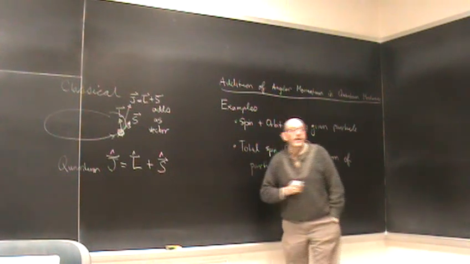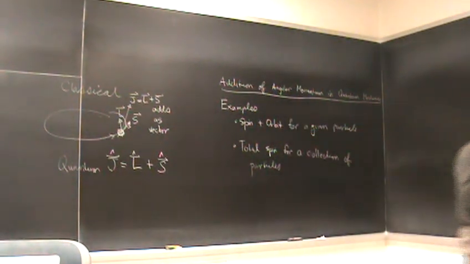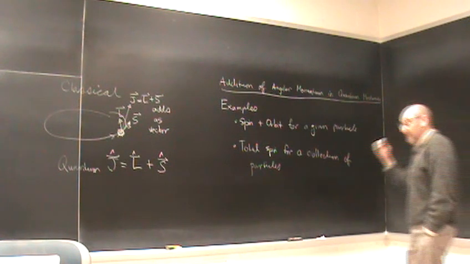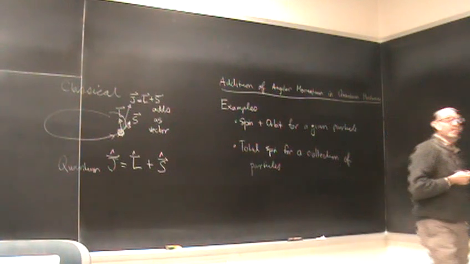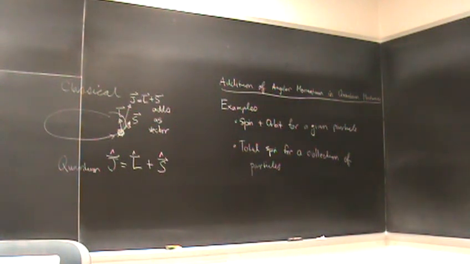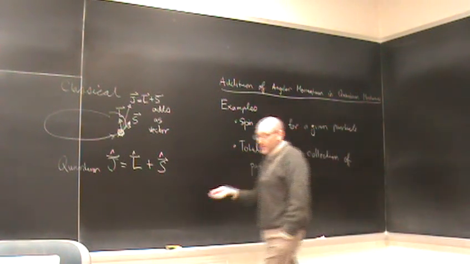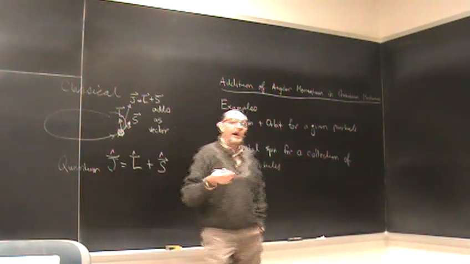So for example, if we're thinking about helium, we have 2 electrons, and we have to think about the total spin of the electrons. Or we might be thinking about hydrogen with 1 proton and 1 electron.